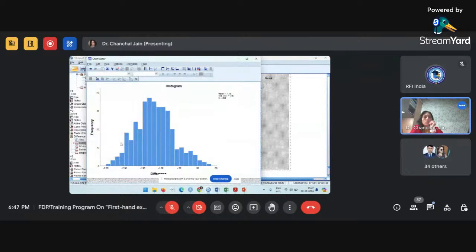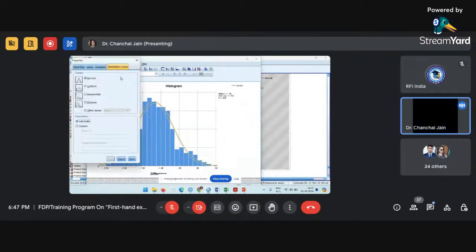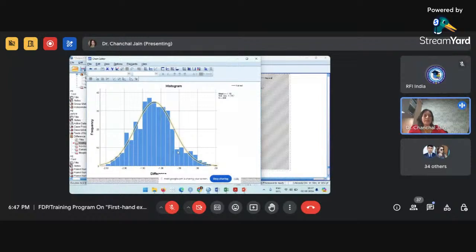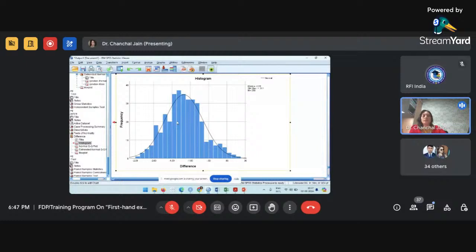So I'll click on this show distribution curve. The properties box will open. There you can find that normal distribution is the default option selected by SPSS. So we'll go with this. You can close it. You can see this is the bell-shaped curve placed on the histogram in the Chart Editor. You can close this. You can see this is there. Okay, thank you, ma'am.